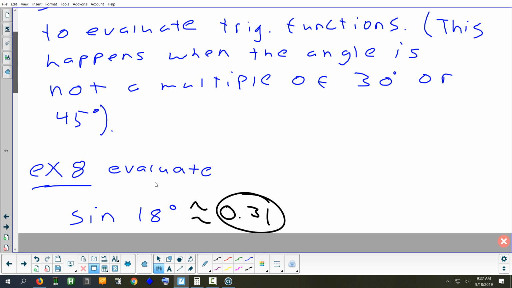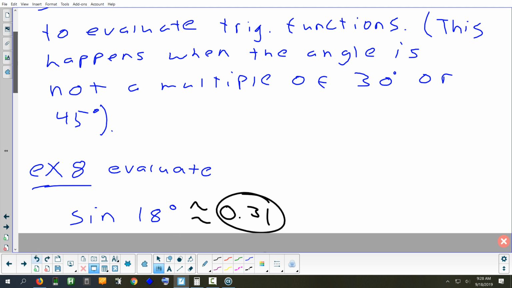Any questions on how to type that in? Now, on the test, you have to pay attention, especially if it's multiple choice. If it says degrees, you need to put your calculator in degrees. If it says radians, well, you won't see the little circle. Put your calculator in radians.